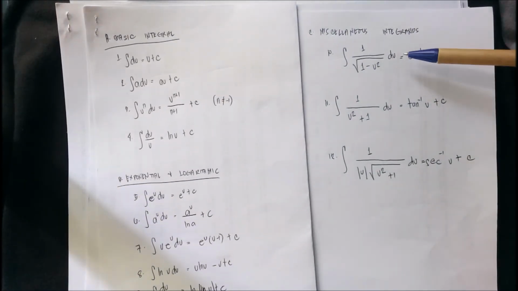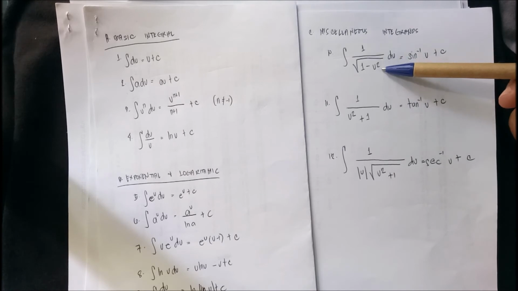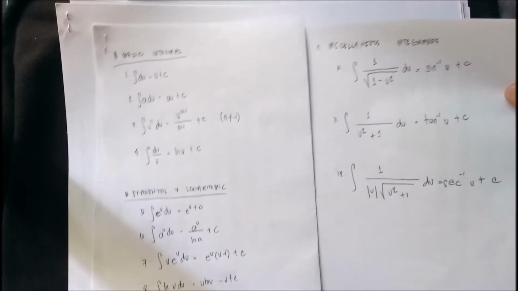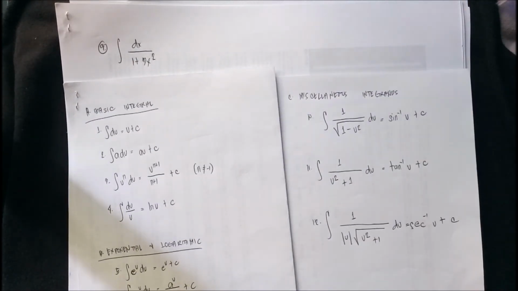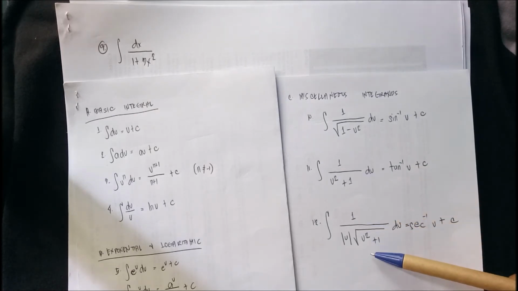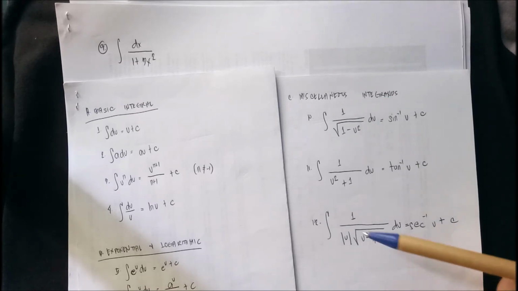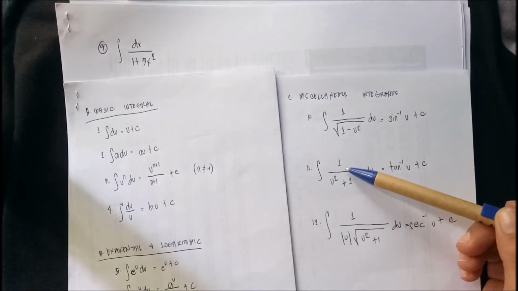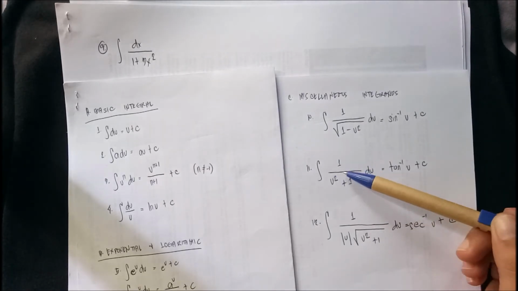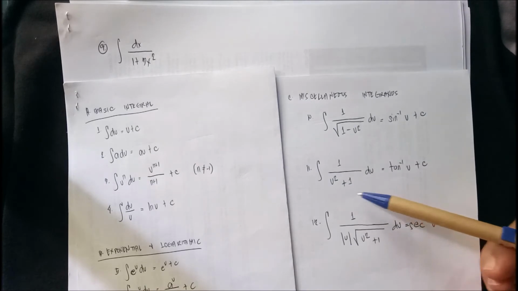Okay? Baka dito siya. Tingnan natin. Ito ba? Number 10? Wala namang square root, so, hindi. This one ba? Hindi, dito 12 muna. This one ba itong 12? Wala naman tayong square root din. So, we cannot. Ito na. This one, 11. We have 1 over u square plus 1.